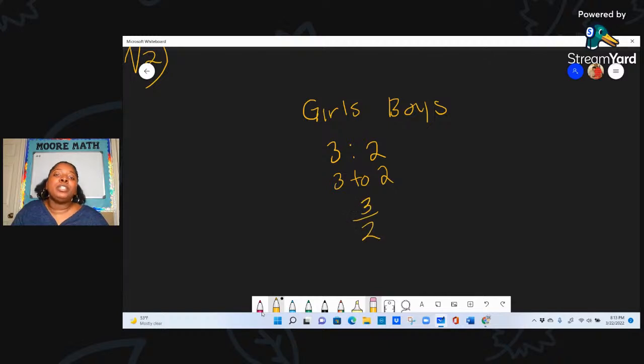So with a ratio, you're just comparing two things. Here we're comparing girls to boys. For every 3 girls, there are 2 boys. Okay, so that's the basics of a ratio.